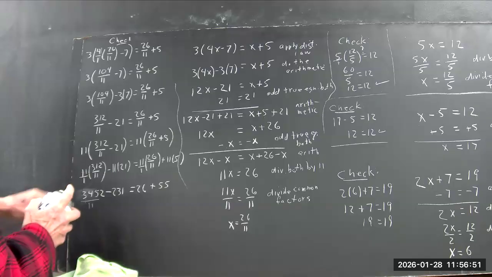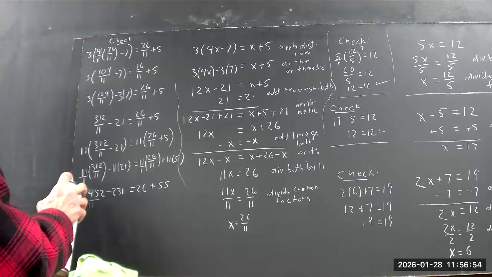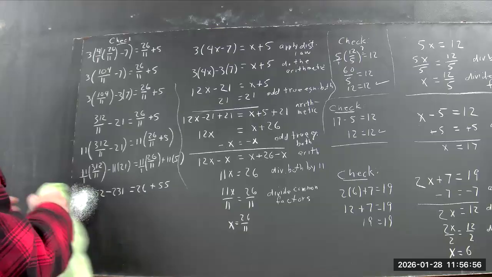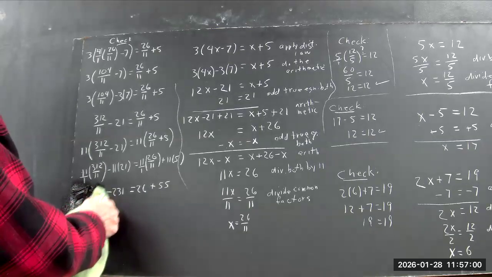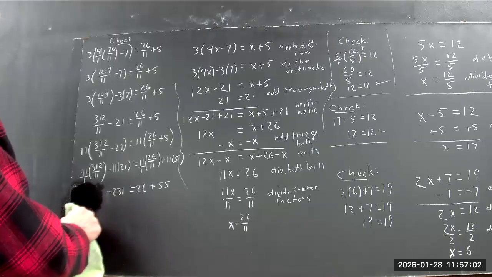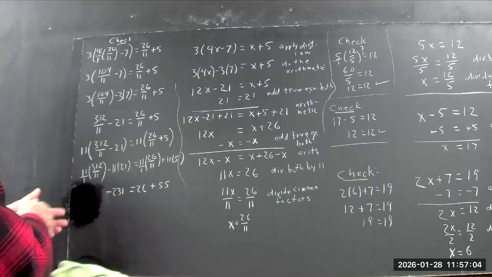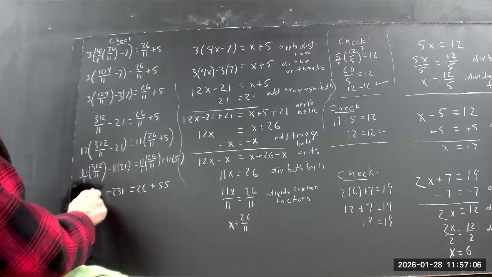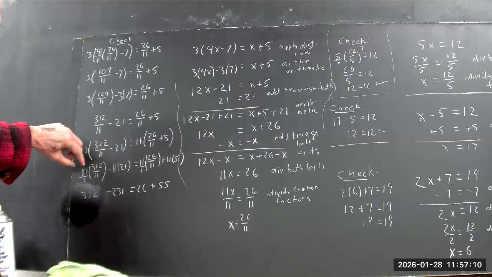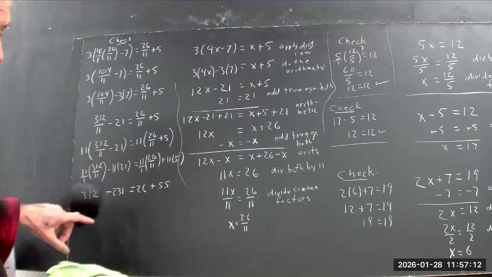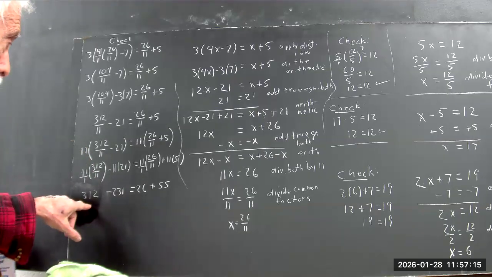I multiplied the numerator, got 3452. That's probably right, but maybe not. And I did that after saying, well, the 11 divides the 11. It just leaves me with the 312. Okay, so again, 11 over 1 times 312 over 11 is just 312.